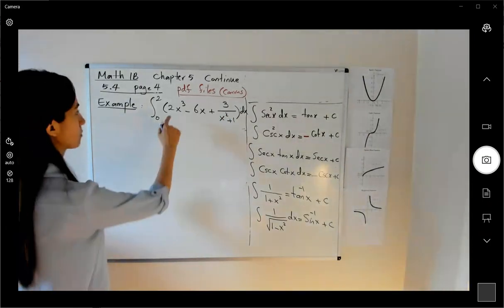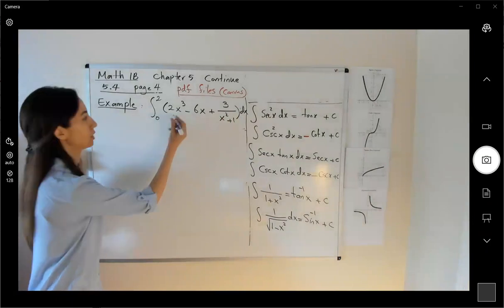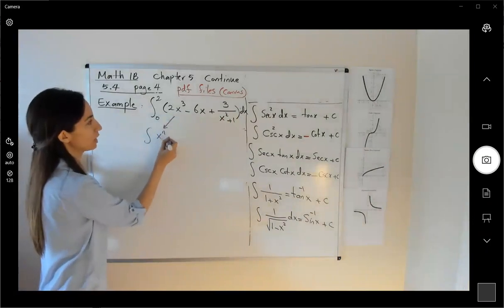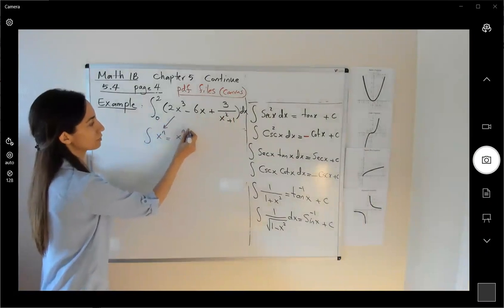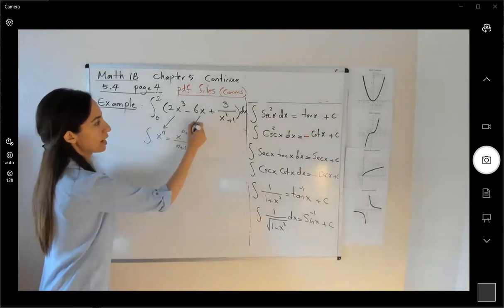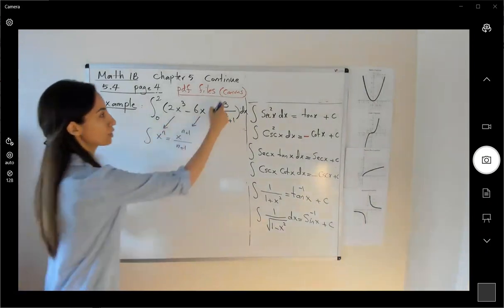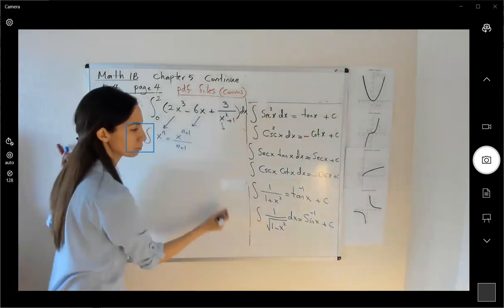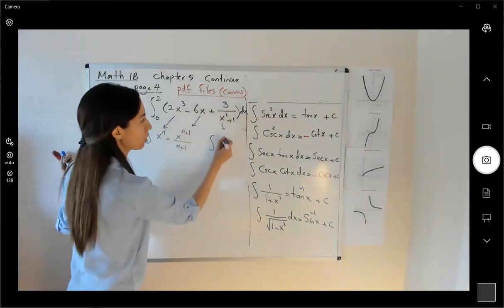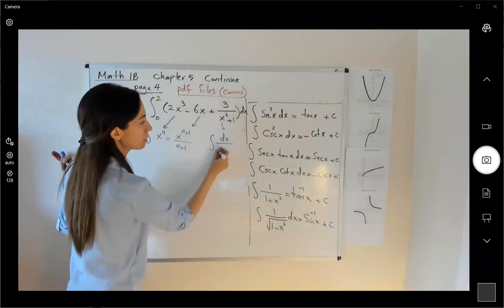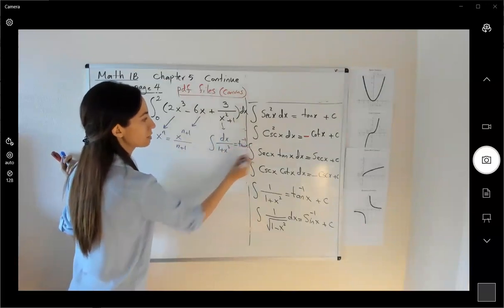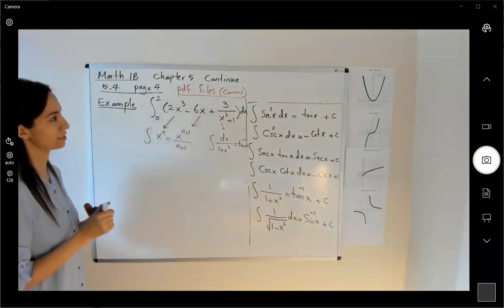So, for the first term, you have to apply the integral of x to the n, which is x to the n plus 1 over n plus 1. For the second term as well. For the third term, you're going to apply the inverse tangent. The integral of dx over 1 plus x squared is inverse tangent of x.